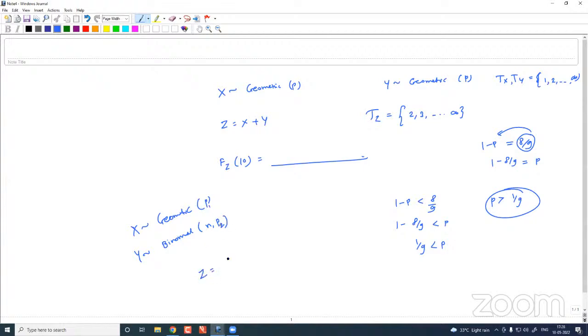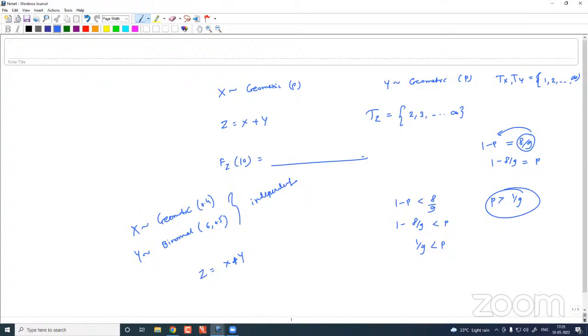Then Z is X plus Y. They are independent, so what should our approach be? The same approach. Suppose I take some numbers, because sometimes numbers are good to follow. Geometric probability, let's say 0.4, and binomial with 6 and 0.5, and Z is X plus Y.